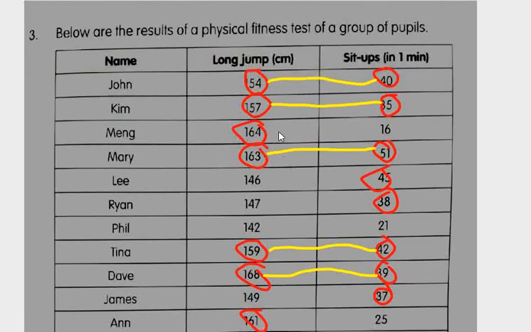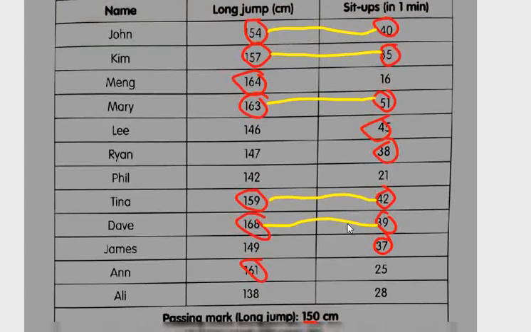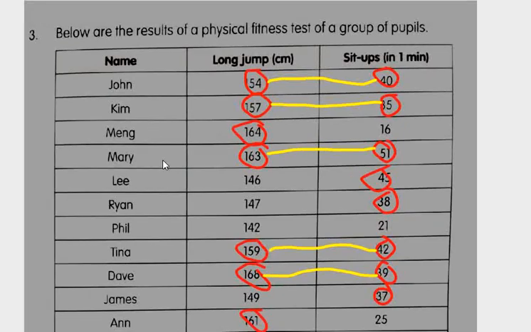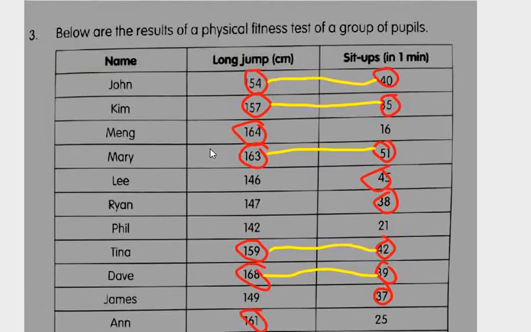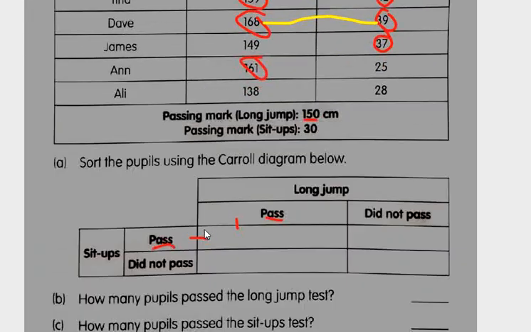The things that I didn't mark with the yellow ink, it means that one has passed but one didn't pass. Okay, so we have 5 marks here. There are John, Kim, Mary, Tina, and Dave. So write down the names here. John, Kim, just like that. Find it by yourself.